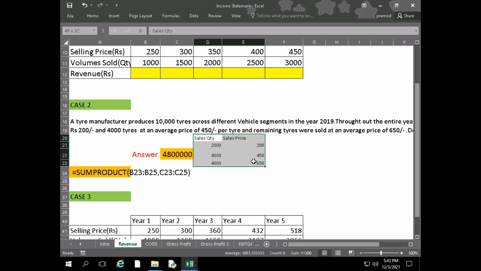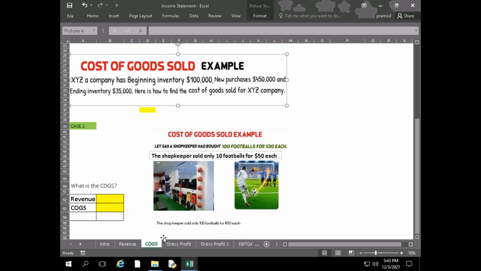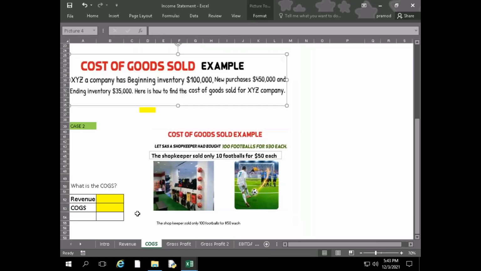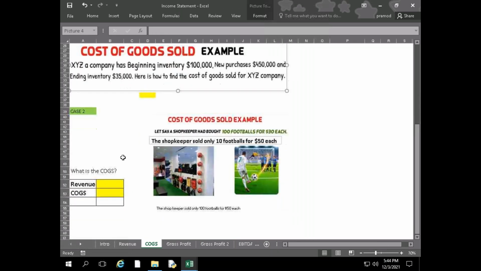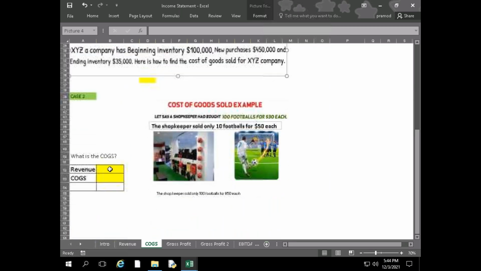Sir, this data is COGS, not case 2, sir. In COGS, you are asking me case 2. Yes, sir. Find out the revenue, then find out the COGS.